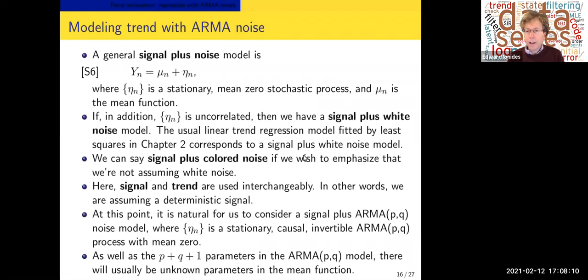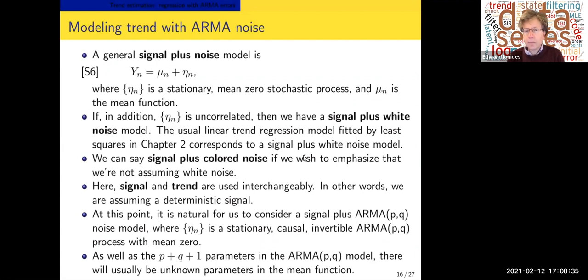This is a generalization of a model we saw before. If eta_n is uncorrelated, we have signal plus white noise. That's the usual least squares regression model that we saw in chapter 2. When you just say signal plus noise, people might accidentally think you are talking about white noise.